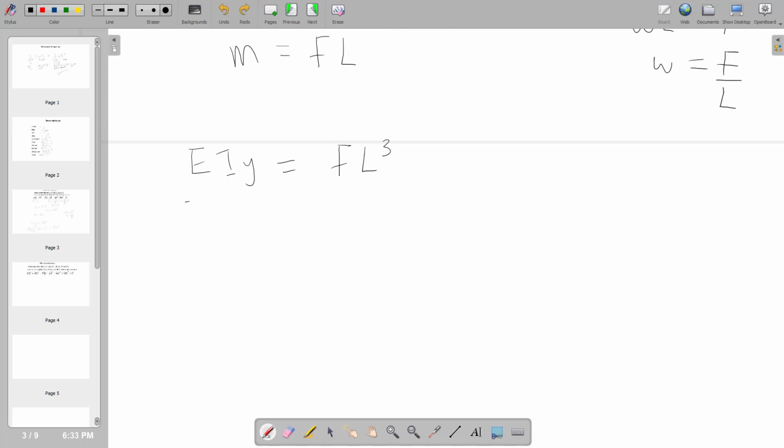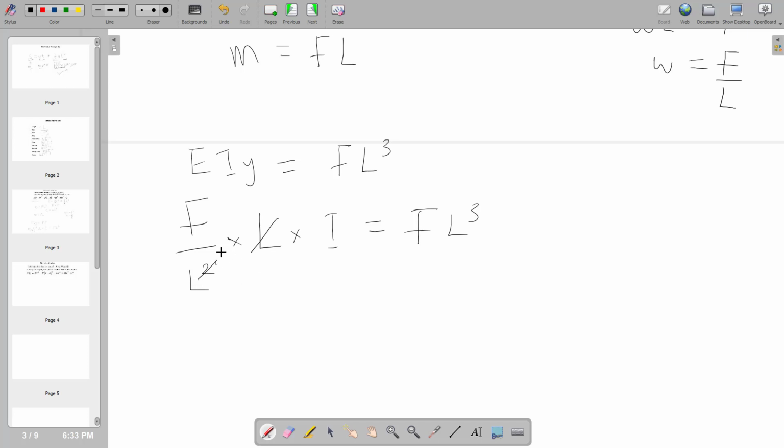We can write this as F per L squared. So this multiplies our Y. We are also told our Y is a length, and then our I should have the same dimension as our FL cubed. So we just simplify.